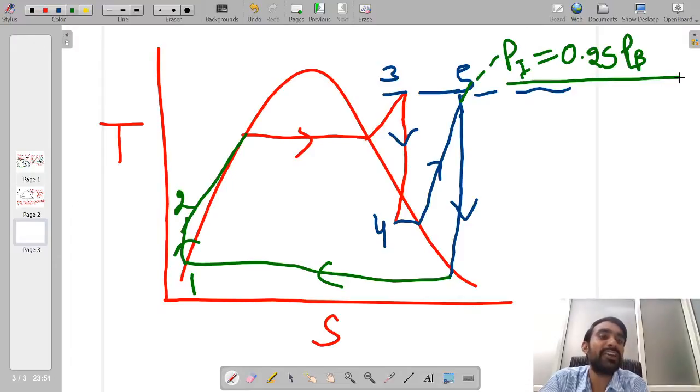Okay, so you can remember this, it is a question which is asked many times: in case of an ideal reheat cycle, if the value of the intermediate pressure is not given, in that case we have to consider the intermediate pressure as 0.25 times the boiler pressure.